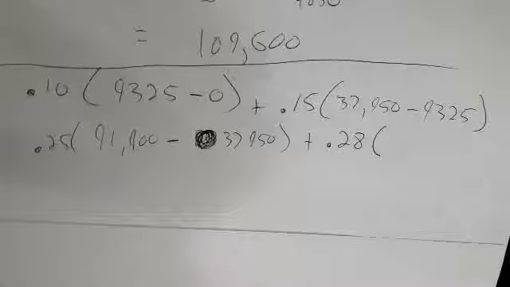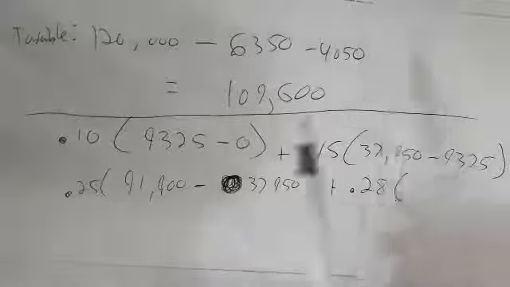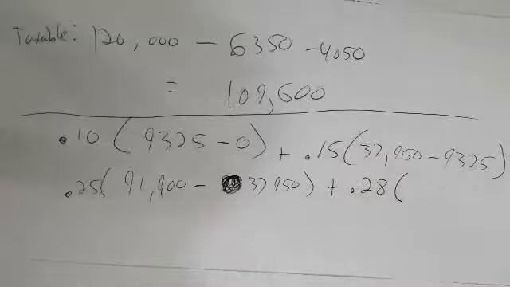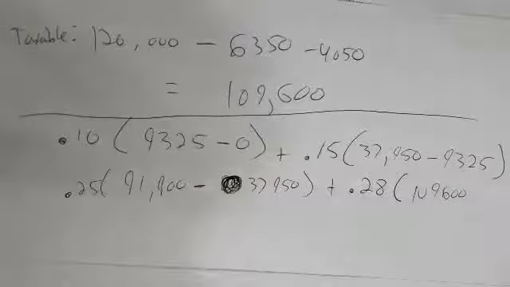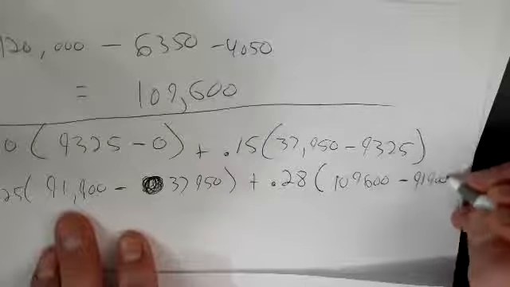In the last interval, what's the most I can tax? This is the amount that I want to tax, right? I want to go up to the 109,600. That's the amount he's making. I'm going to subtract the 91,900 from this.